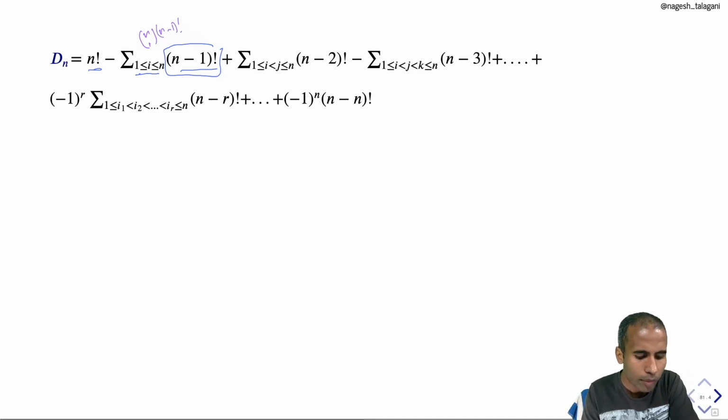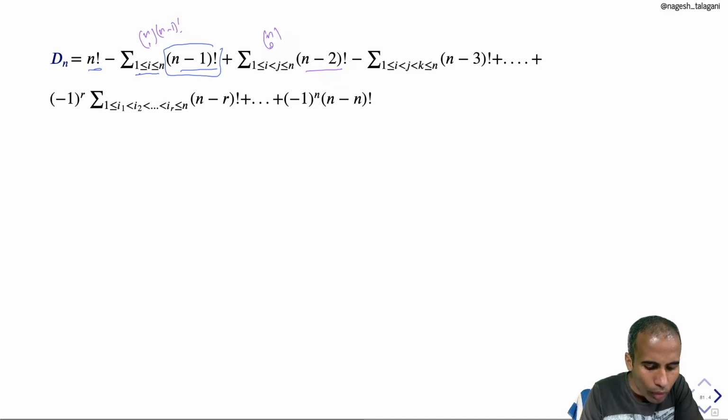Similarly, this summation varies over i, j where 1 ≤ i < j ≤ n. So there will be C(n,2) terms in the summation, each equal to (n-2)!. So this sum adds up to C(n,2) times (n-2)!.